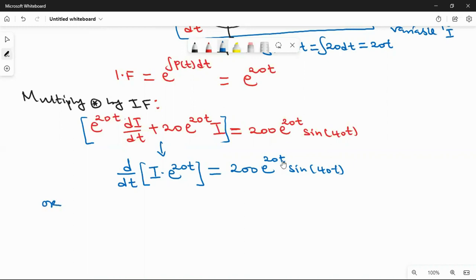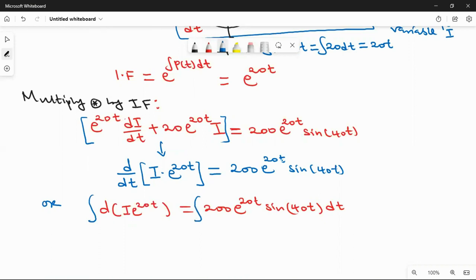If I multiply by dt on both sides and then integrate, we have I times exponential 20t equals the integral of 200 exponential 20t times sine of 40t dt. So now you integrate both sides and write a constant of integration. Remember, when finding the integrating factor, you don't write the constant of integration.